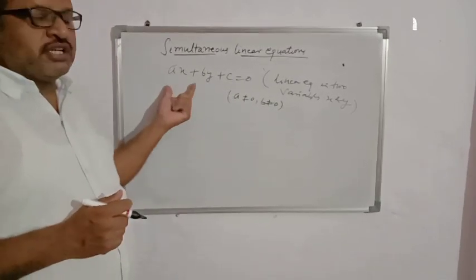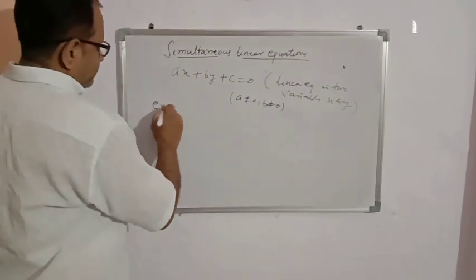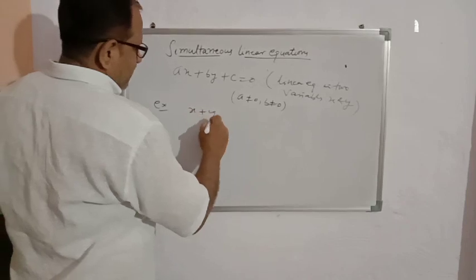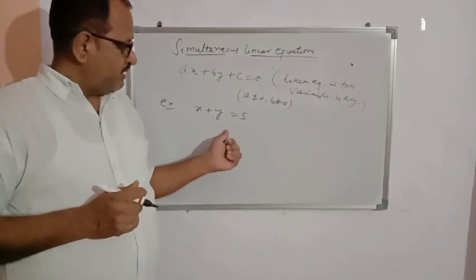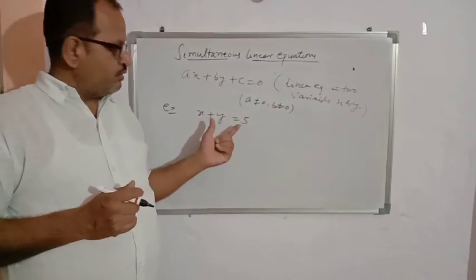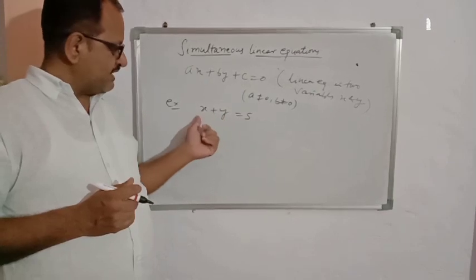So how many solutions are there in a linear equation in two variables? See one example. Suppose x plus y is equal to 5. It is a linear equation in two variables. How many solutions are there? Solutions means the values of x and y which satisfy this equation.